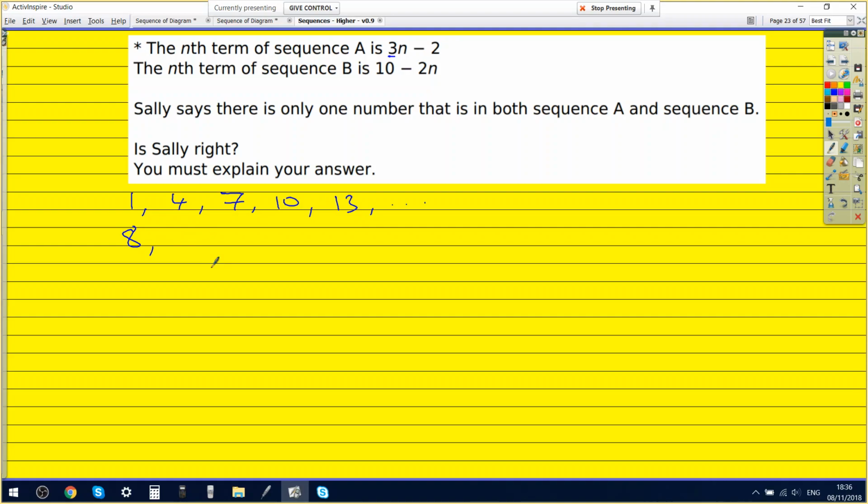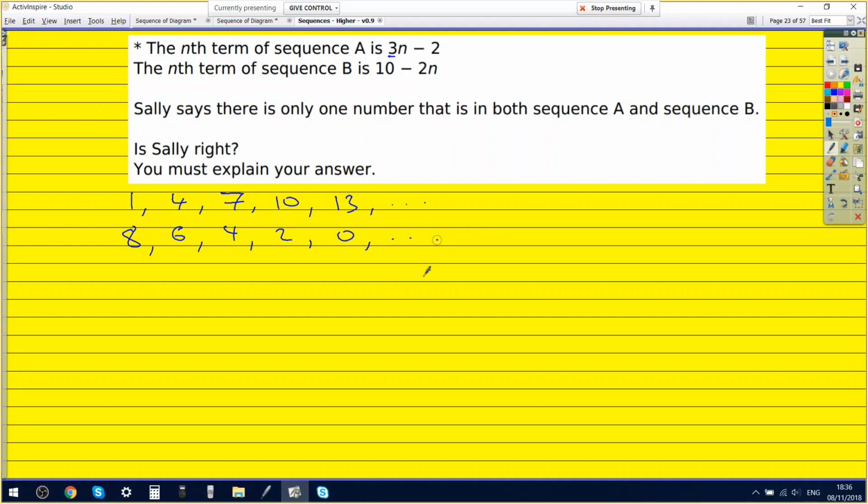So this is minus 2 each time. So it would be 8, 6, 4, 2, 0, minus 2.